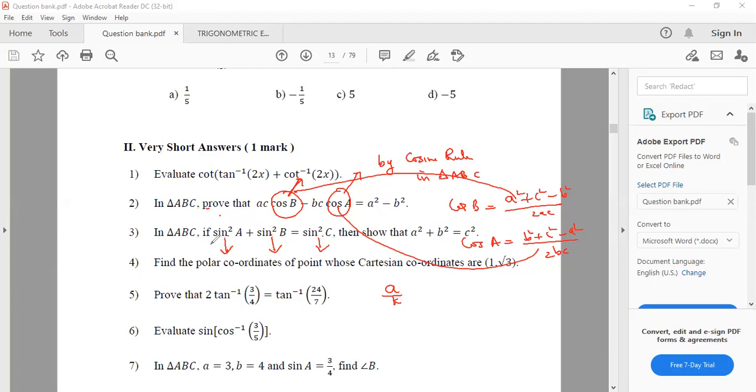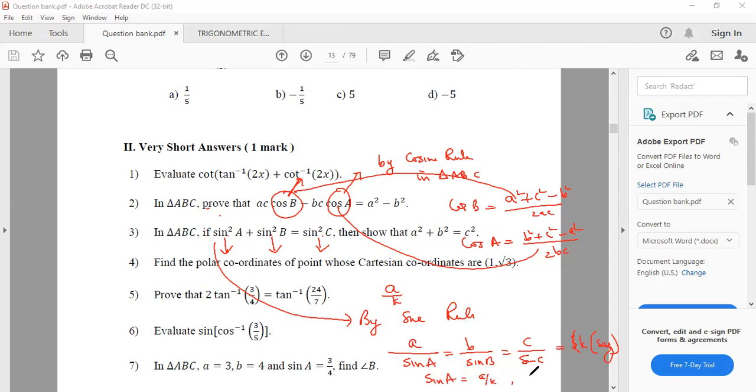Okay, first you have to write the sine rule. By the sine rule, A by sin A is equal to B by sin B is equal to C by sin C equal to K. Then you will write sin A is A by K, sin B is B by K, and sin C is C by K. Everybody knows that angles should be in capital letters and side lengths in small letters.